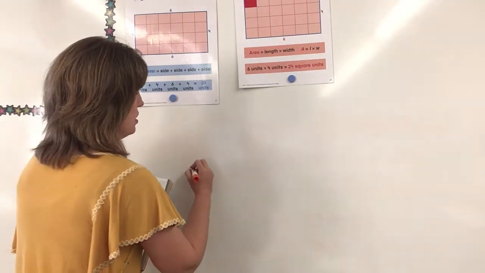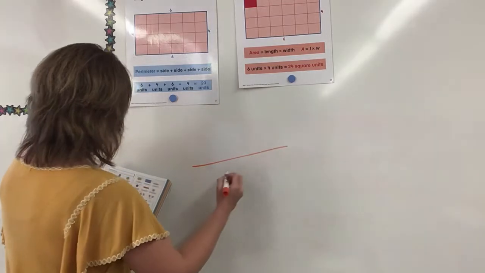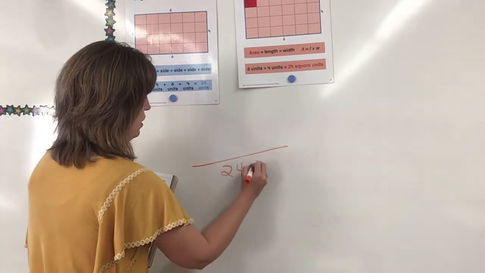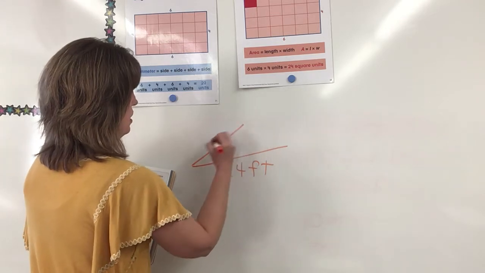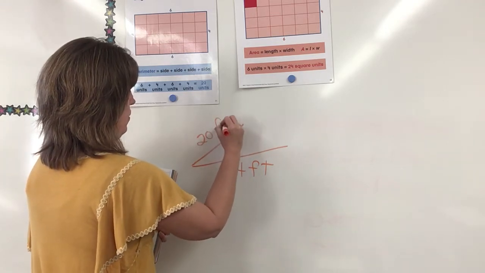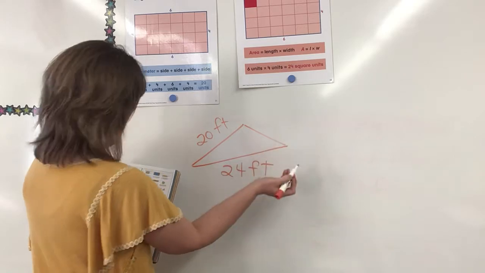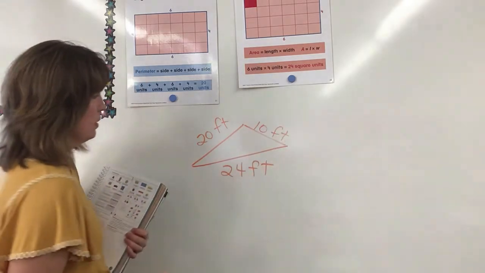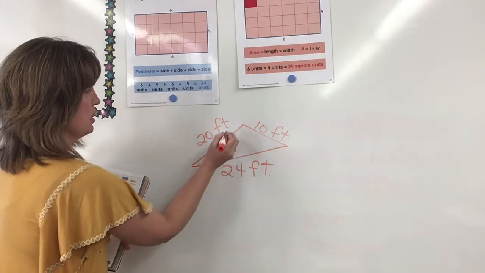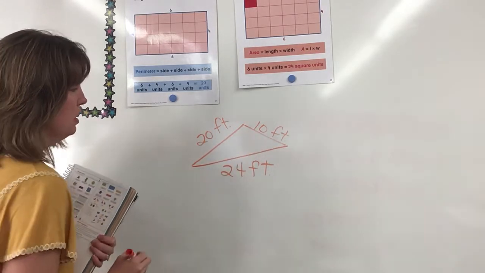Okay, so our long side is 24 feet. And then we have a side that's 20 feet. And then we have a shorter side that was 10 feet. Okay. So we just need to add up our lengths.